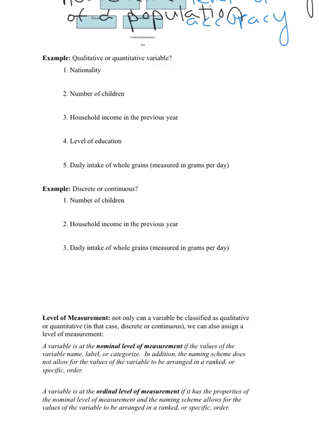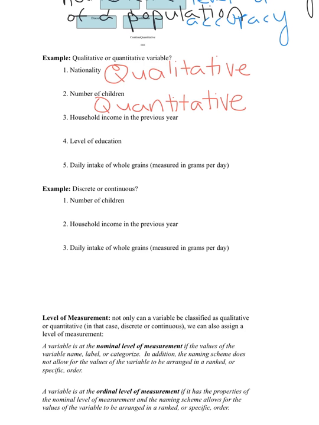All right, so nationality, that would be a qualitative variable. Number of children is quantitative. Household income, that will be a number. So it's quantitative.